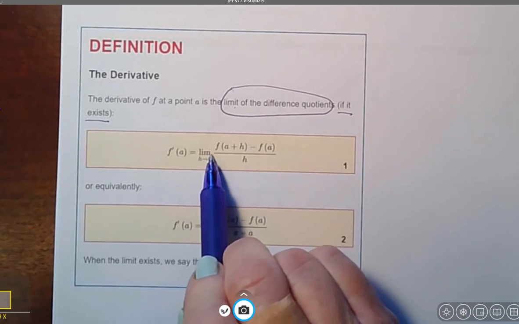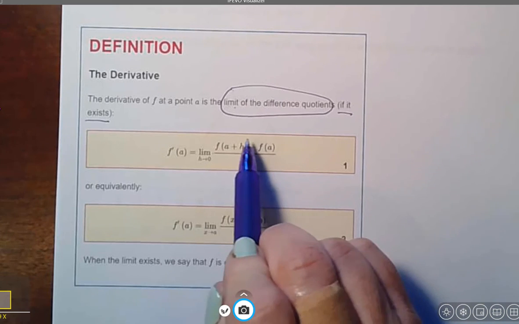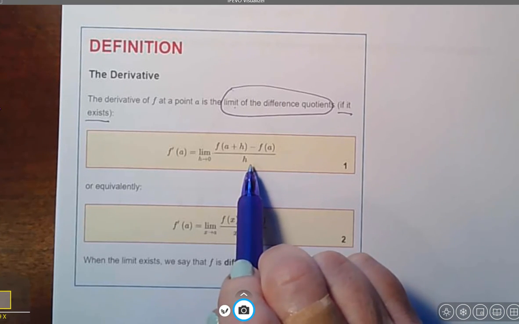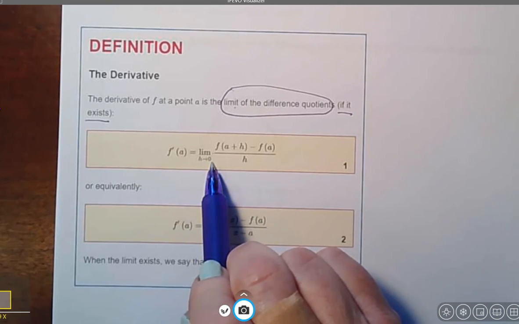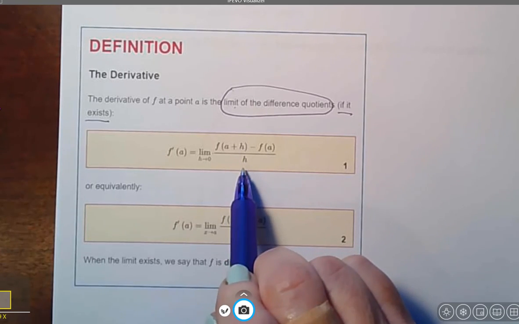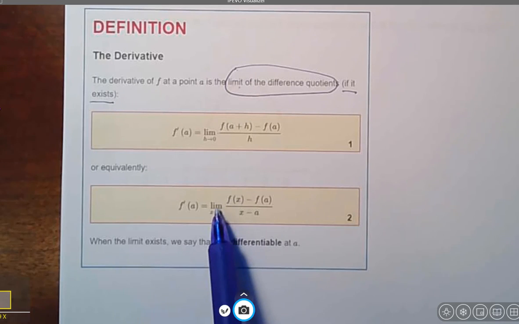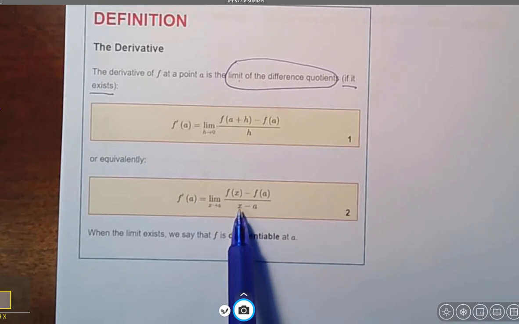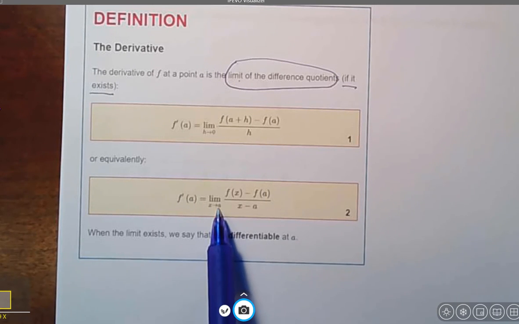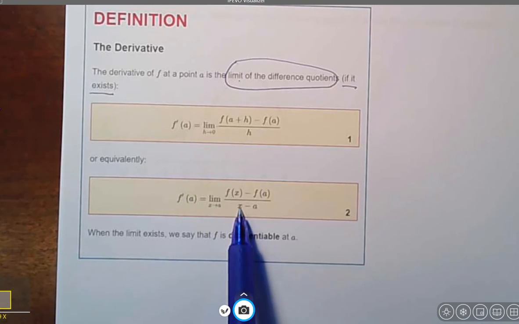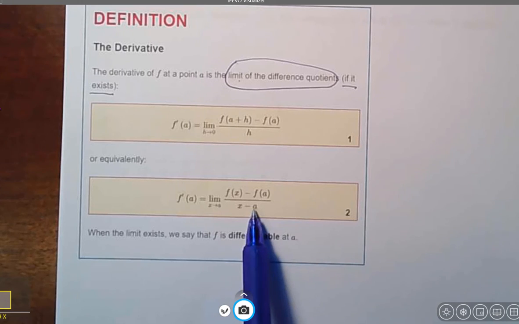So we have the limit of the difference quotient that we're used to dealing with as h approaches 0, that denominator, which is that distance, approaches 0. Or we can use this one, the limit of this difference quotient, which is more based upon the regular slope formula, as x approaches a, because a minus a would of course be 0, which means your distance here is 0.